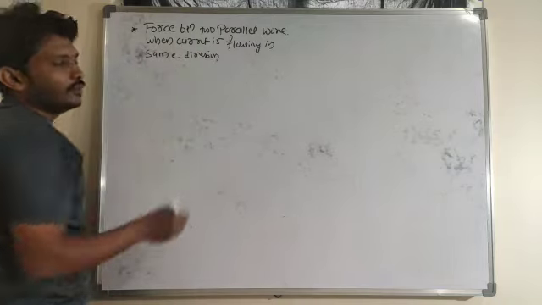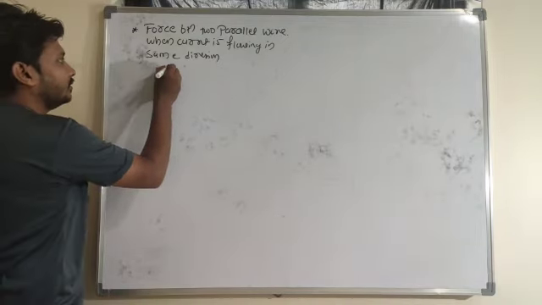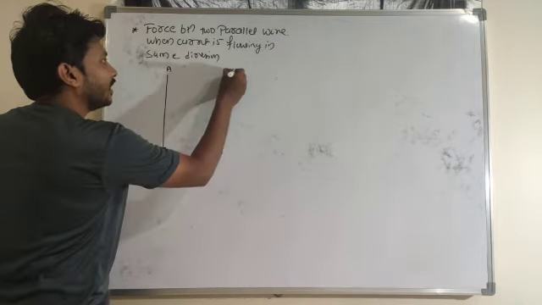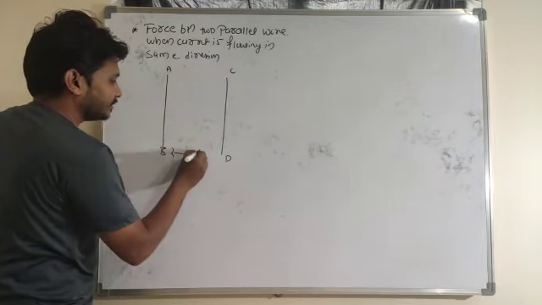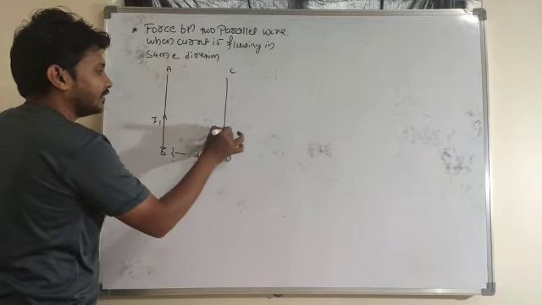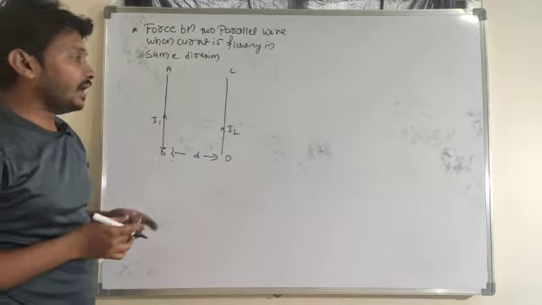So look at here, when the current is flowing in the same direction, this one is wire AB, another wire is CD, the distance between them is d, and the currents are I1 and I2, flowing in the same direction here.